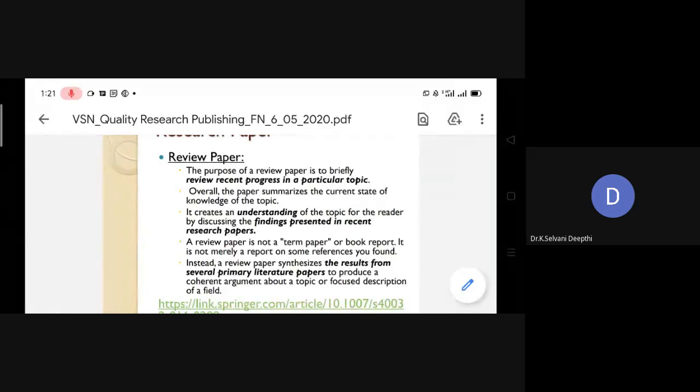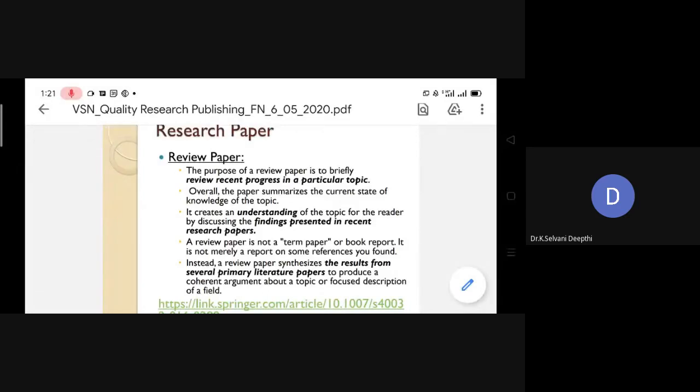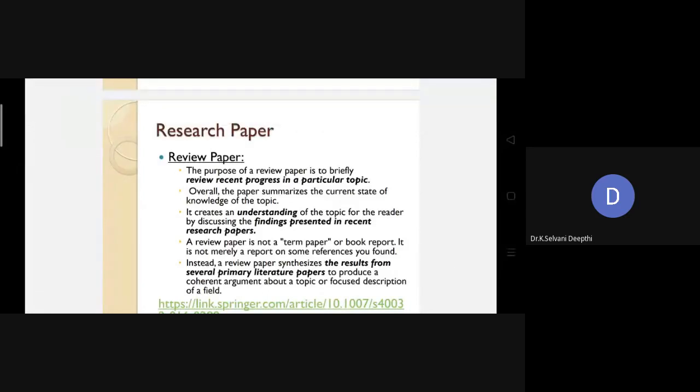You have to draw an entire wonderful table that can give the entire information of blockchain in healthcare with the perspective of security and privacy issues. If you can make that table beautifully, then you will have a wonderful review paper. That's enough.